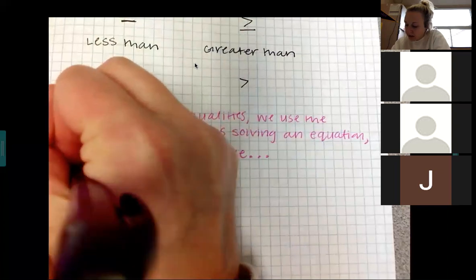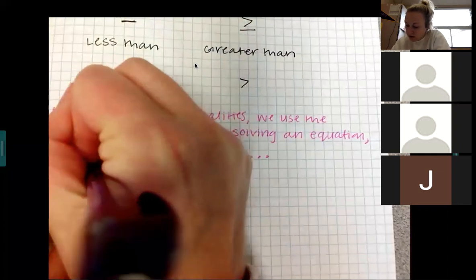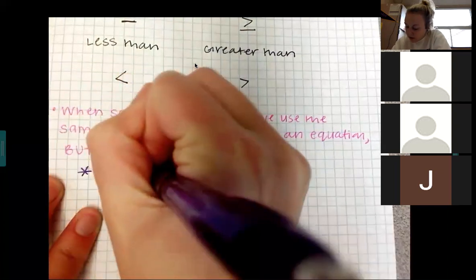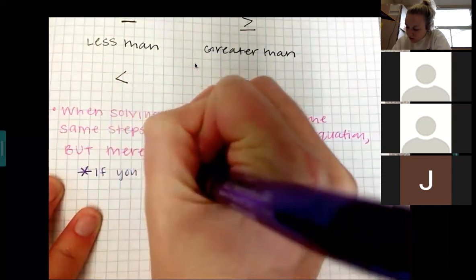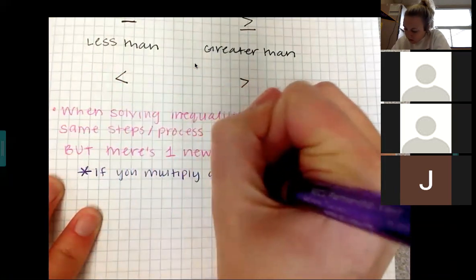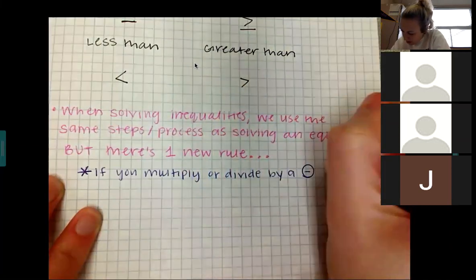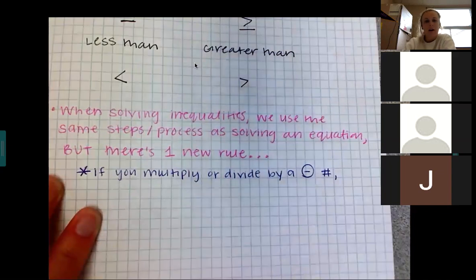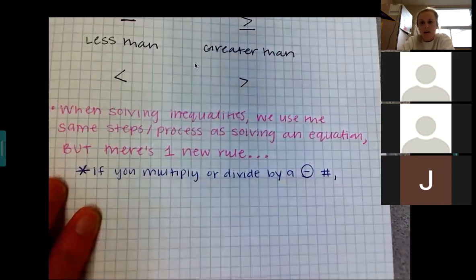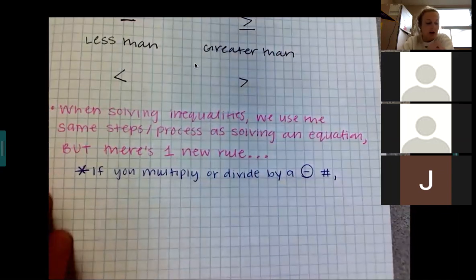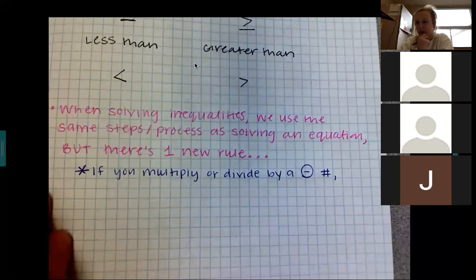All right, so I want to see who remembers this. If you multiply or divide by a negative number, did you guys learn what you have to do in middle school?